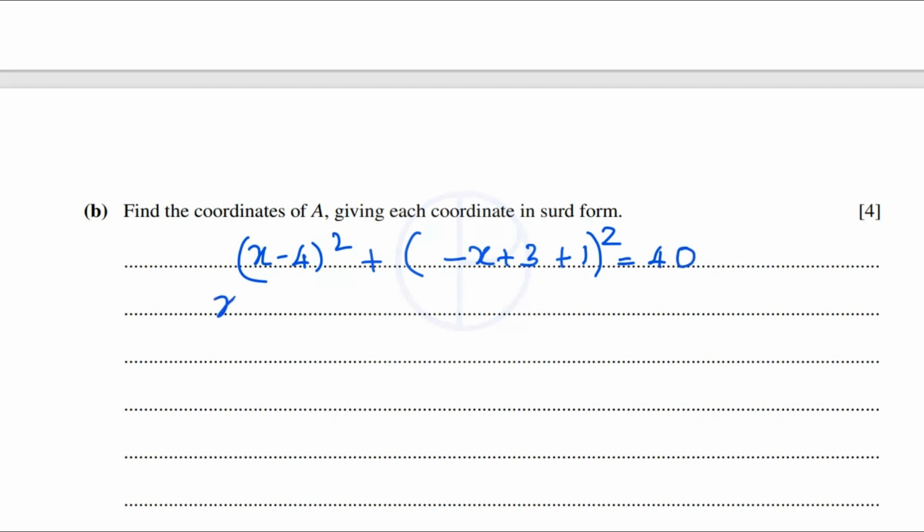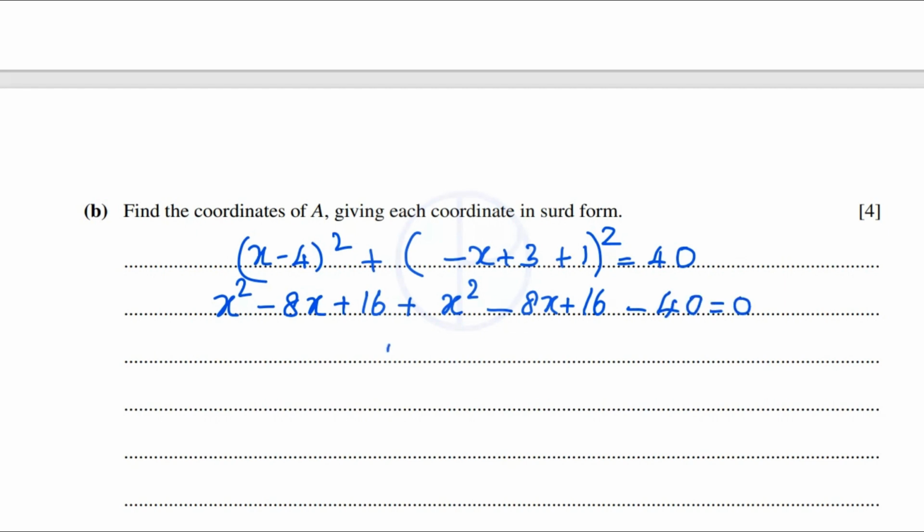Now expand the brackets: x square minus 2 times 4 times x is 8x, plus 4 square is 16, plus, so minus x plus 4, the whole square. So x square minus 8x plus 16 minus 40 equal to 0.